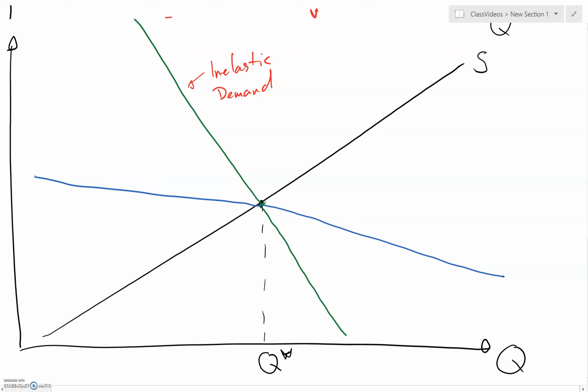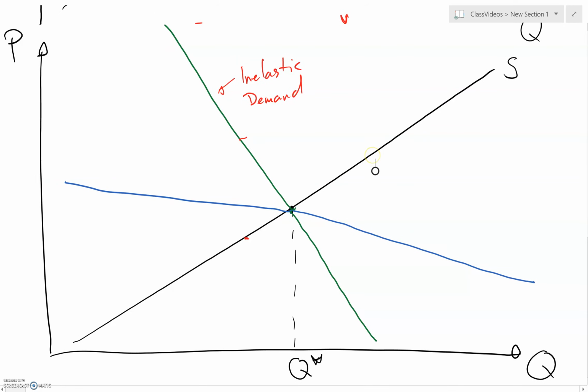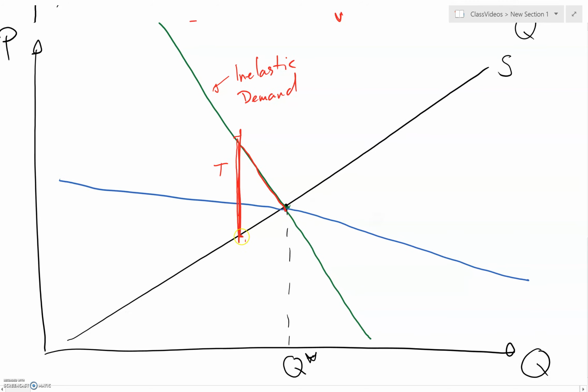If I impose a tax equal to 1 TV remote's width of amount per tax, then we're going to drive a wedge between the inelastic demand curve and supply curve by this much. Okay, and so our deadweight loss is going to be equal to this triangle here.